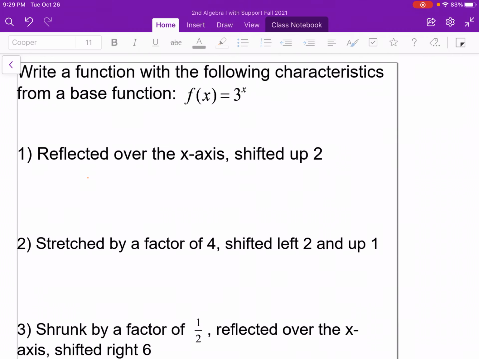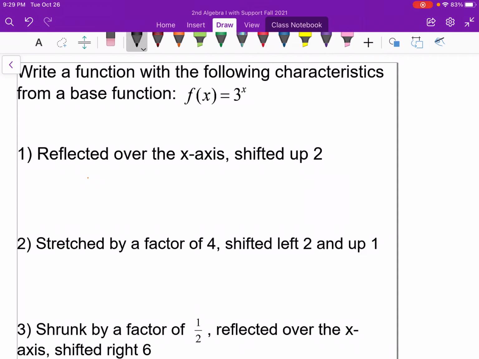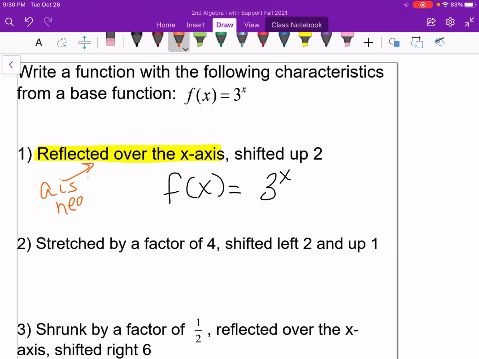So we're going to start with writing a function with the following characteristics from the base function f of x equals 3 to the x. So the first thing you're going to do every time is write f of x equals 3 to the x. And then we're going to deal with all of the characteristics. So first, it says that it has been reflected over the x-axis. If it's been reflected over the x-axis, that means that a is negative.